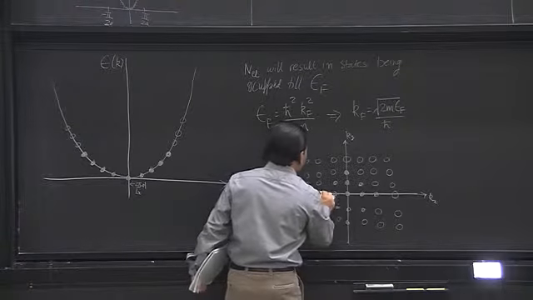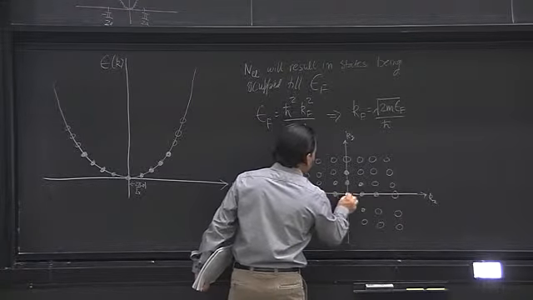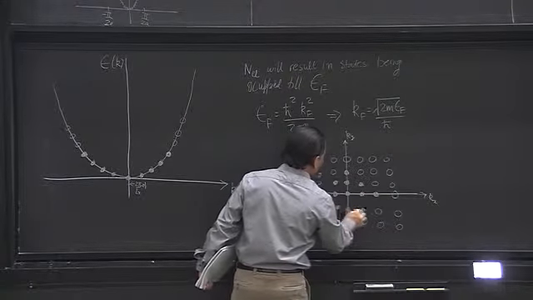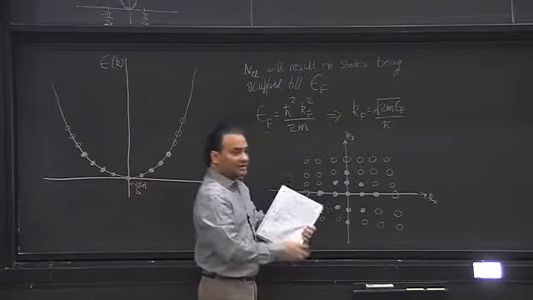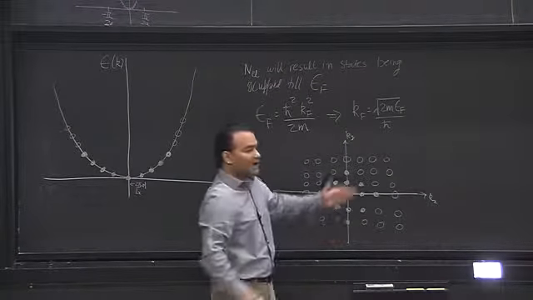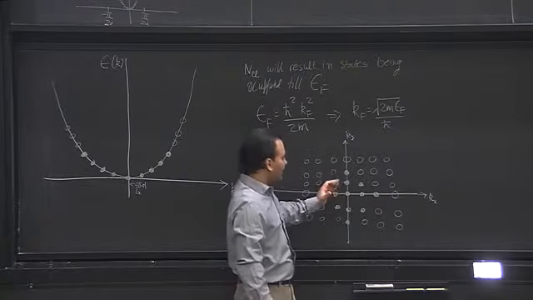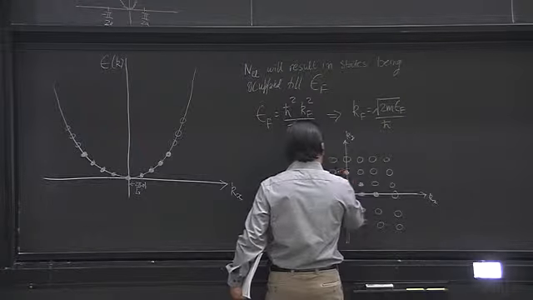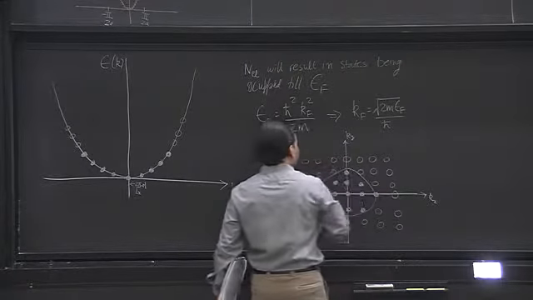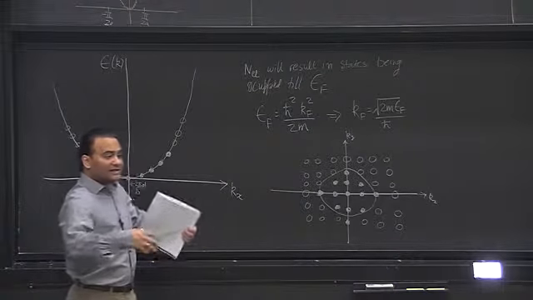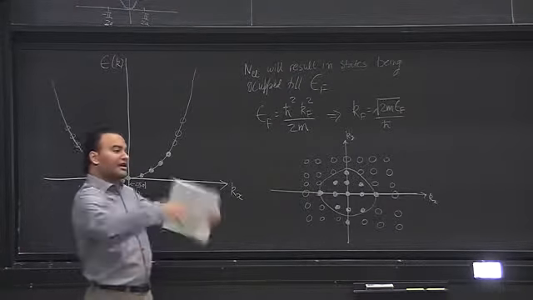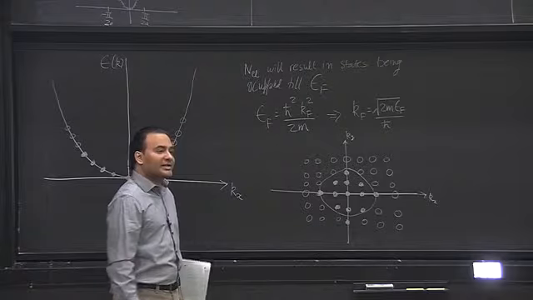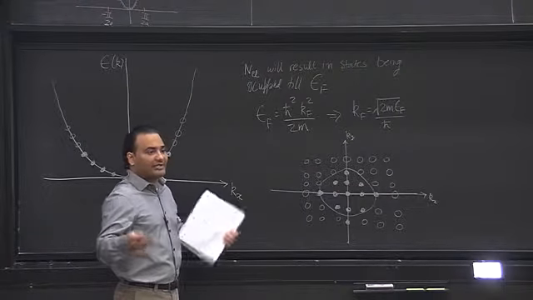You will see... imagine a similar axis kz coming out of the board, and there will be some dots in kz that will also be filled. So you can define all these filled dots, you can enclose in a surface, and everything inside this surface is occupied, everything outside the surface is unoccupied.